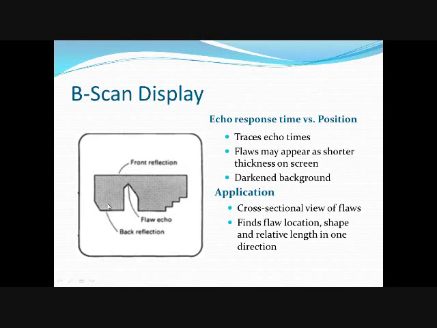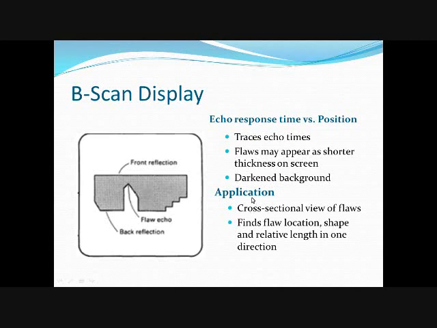So what you will see is the amount of time that it took the ultrasonic signal to pass, and if a flaw is encountered, you will have a smaller area between the initial wall here and the echo, so it's a clear method of visualizing in a planar view the location of a flaw.